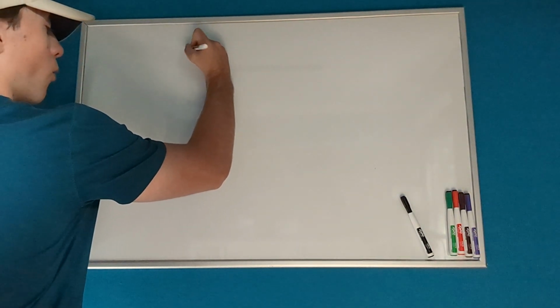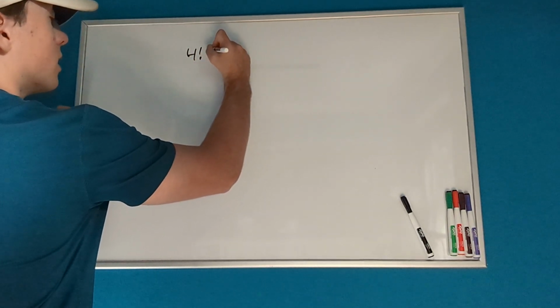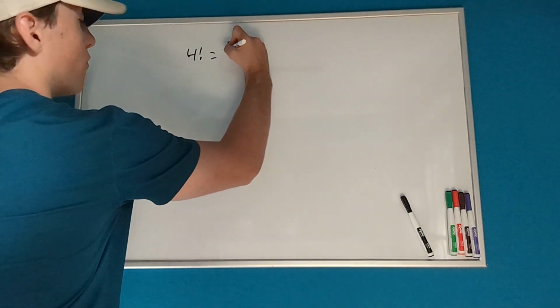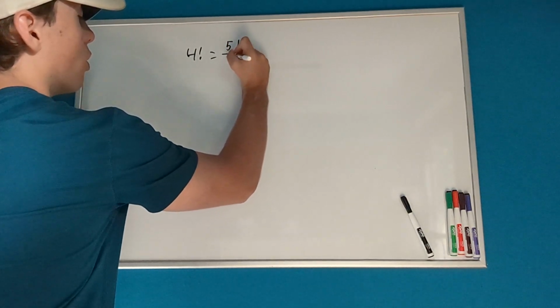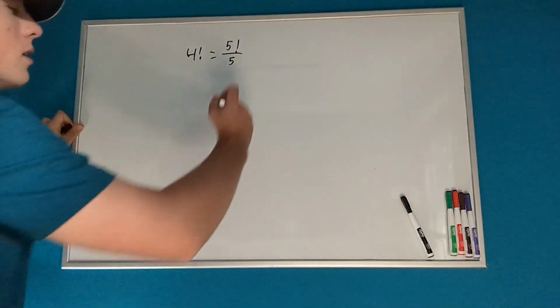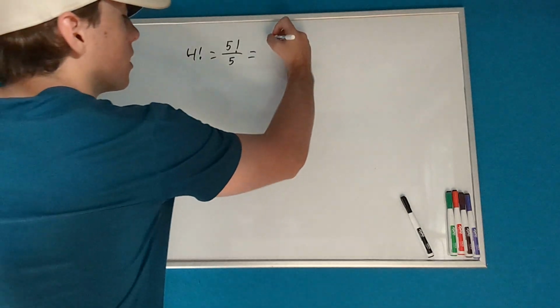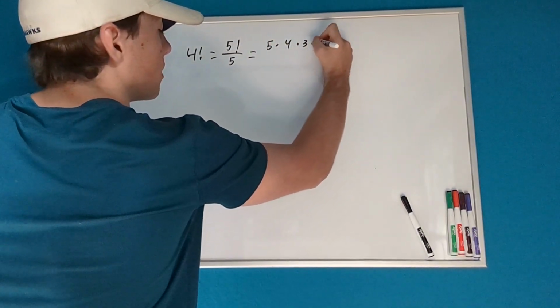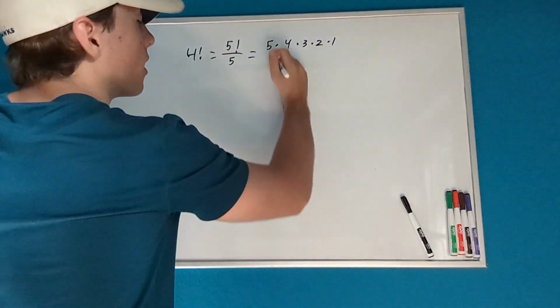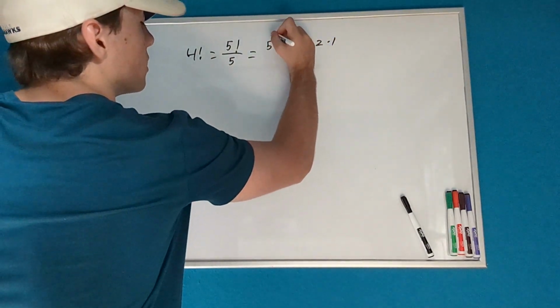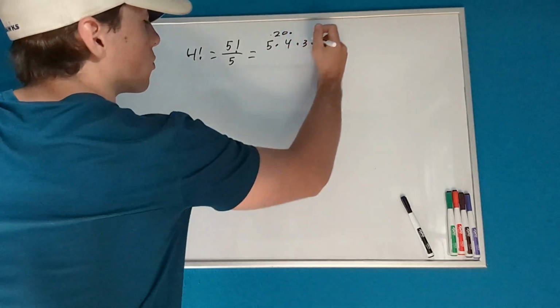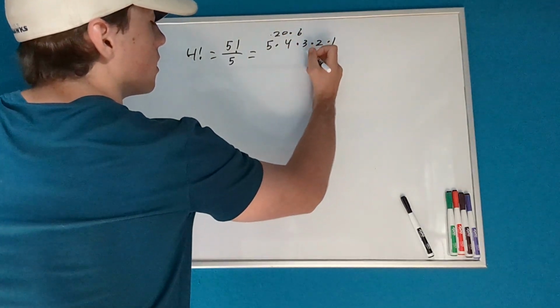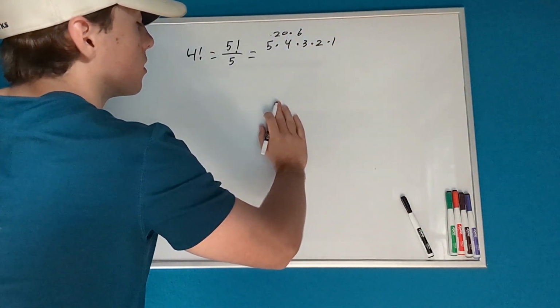So 4 factorial is equal to 5 factorial over 5. Let's check that. 5 factorial is 5 times 4 times 3 times 2 times 1. 5 times 4 is 20, 3 times 2 is 6, and we can discount the 1.